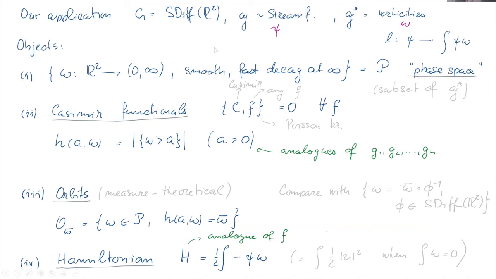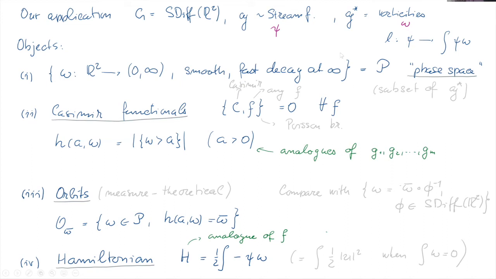So our hope is that it will be possible to apply it to different settings, for example, to the setting of vortex rings. So let's go through the setup now in the real, two-dimensional Euler's situation.